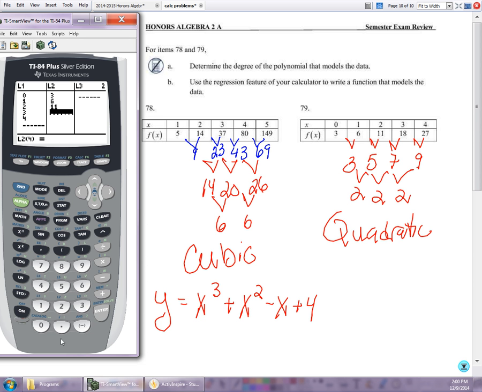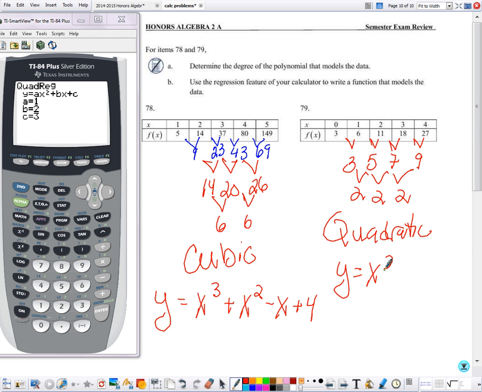If you have one digit wrong, one decimal wrong, your calculator will not give you the correct answer because it's fitting the equation to the data. It's like in Algebra 1 when you did line of best fit. Now instead of lines, we have quadratics or cubics of best fit. So this one, y equals x squared plus 2x plus 3.